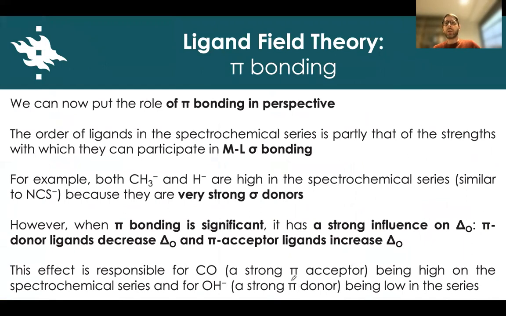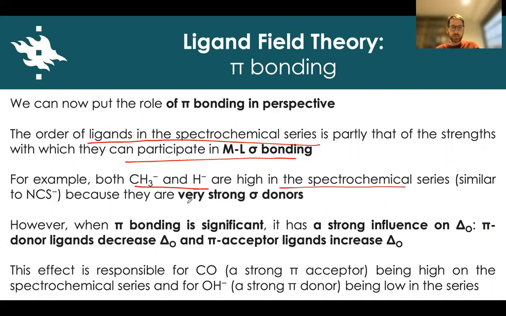Now we can put the role of pi bonding into greater perspective. The order of ligands in the spectrochemical series is partially that of the strengths with which they can participate in sigma bonding. For example, these species are high in the spectrochemical series because they are very strong sigma donors.